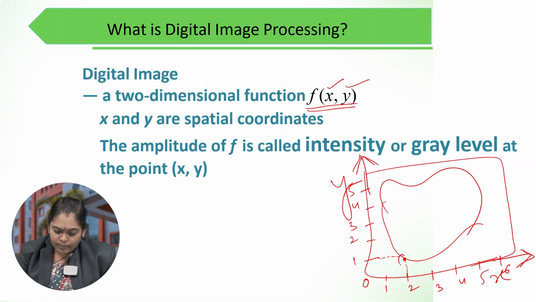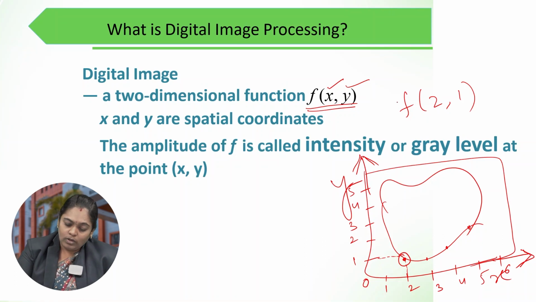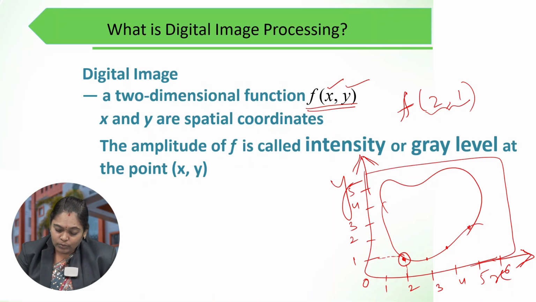If I want to represent this particular point in the image, it can be represented as f of 2 comma 1. Each and every point in this image has some values, which are the coordinates of x as well as y. So x comma y represents the position in the image, and f represents the amplitude at this point.